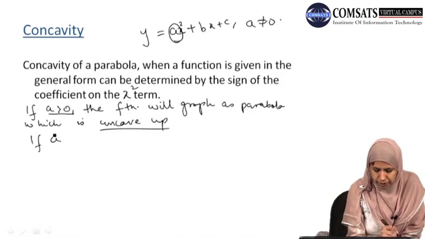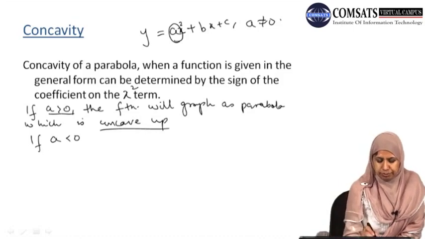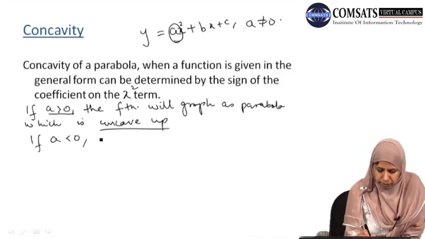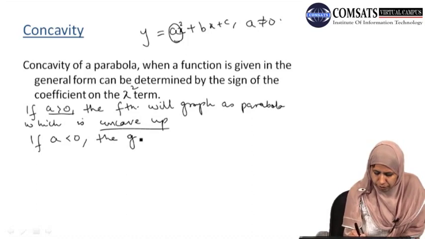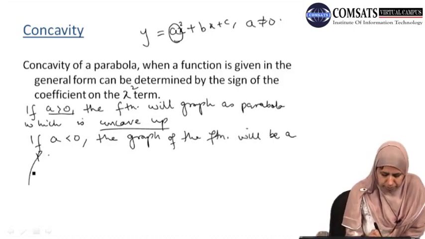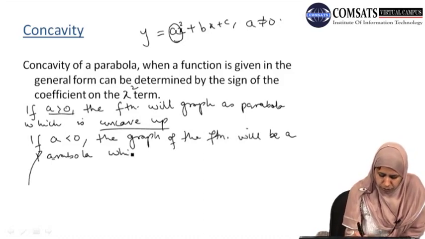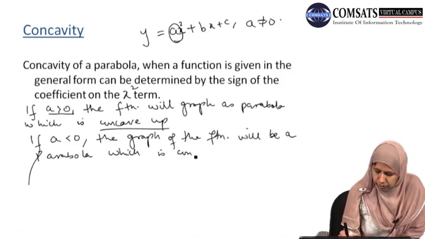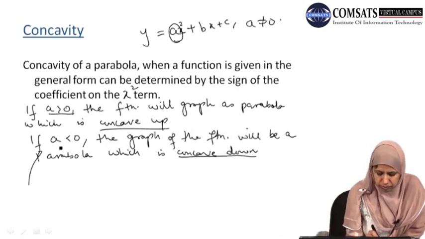Okay, now the second, for the case of concave down, if a is negative, less than 0, the graph of the function will be a parabola which is concave down.